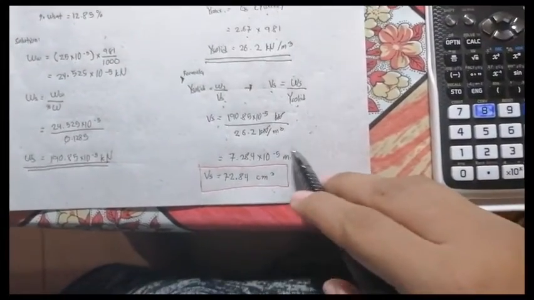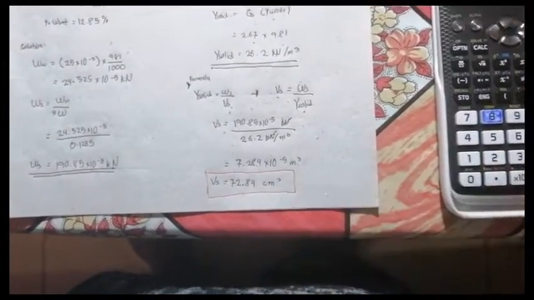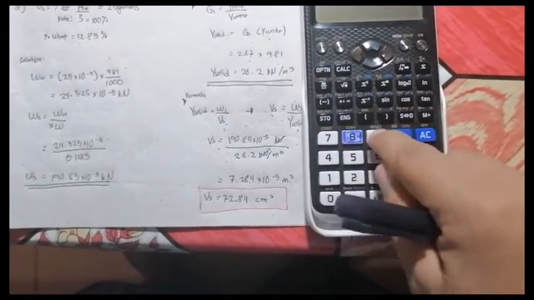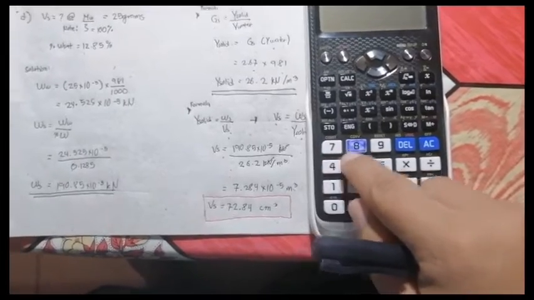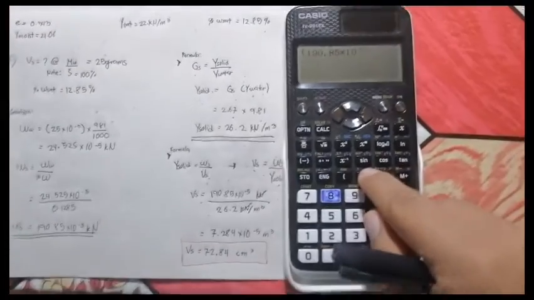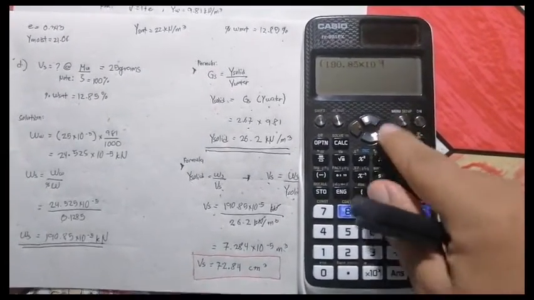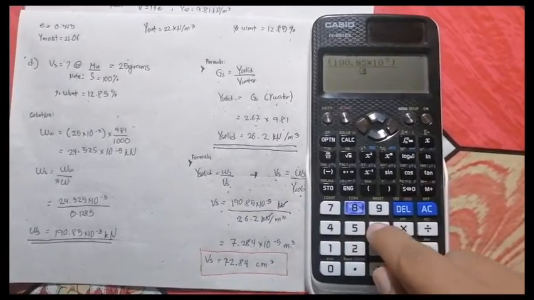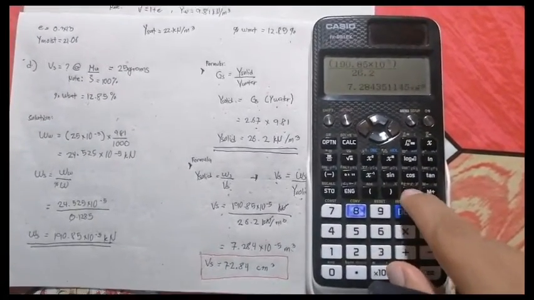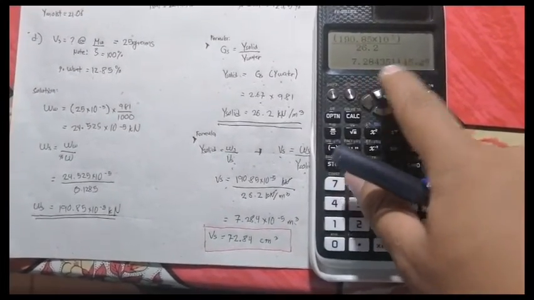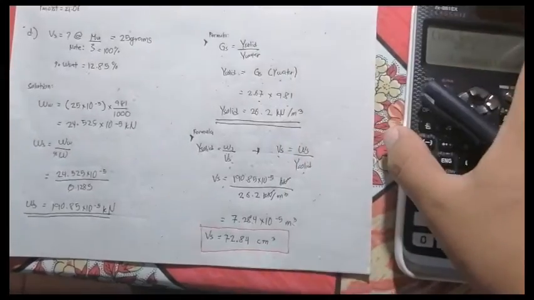Yan. Matitira na lang ay ang cubic meter. So, solve 190.85 times 10 to the negative 5 all over 26.2. Yan. Which is equals to 7.284 times 10 to the negative 5. Yan. In cubic meter.